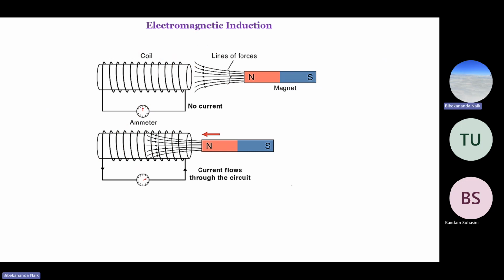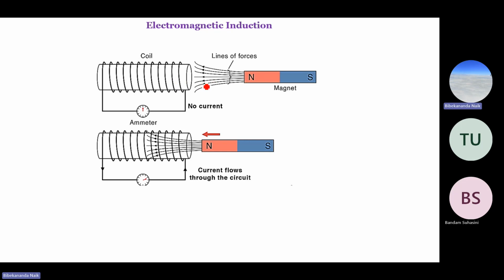According to electromagnetic induction, whenever the flux linked with a coil changes, a current flows inside the coil, and due to this there is an EMF induced in the coil. Now you can see, when the north pole of the magnet approaches this coil, the value of the magnetic lines of force changes.